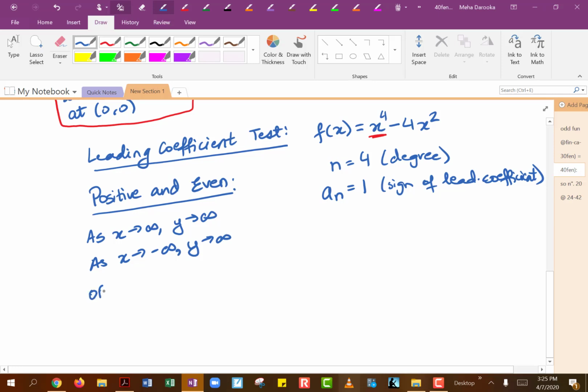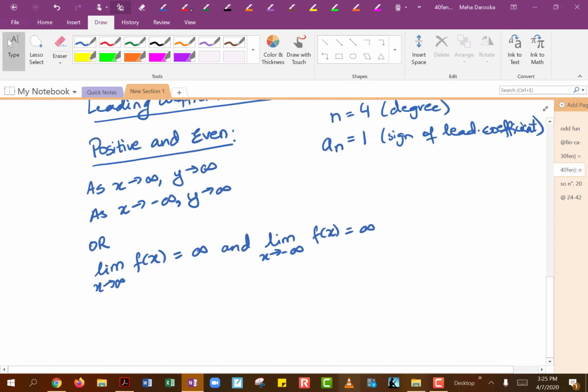Or if you want to write this as limit, you can say limit as x goes to positive infinity, our function also goes to positive infinity, and limit as x goes to negative infinity, f of x will still go to positive infinity.